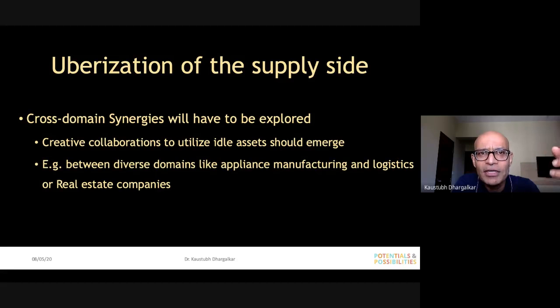Maybe can they convert it into some warehouses going forward immediately, and later on maybe somewhere come in the downstream assembling activity also of this appliance manufacturer. Now, this is a very broad example I'm talking about, but the point that I want to communicate is how can you look at creative collaborations, not just within your domain of operation, but across different domains also.